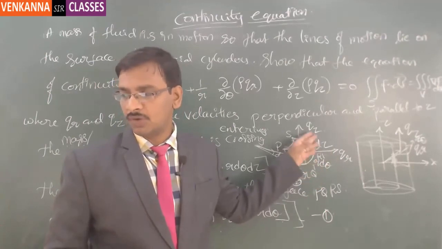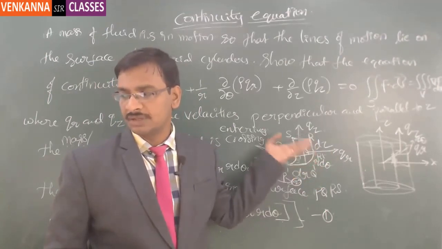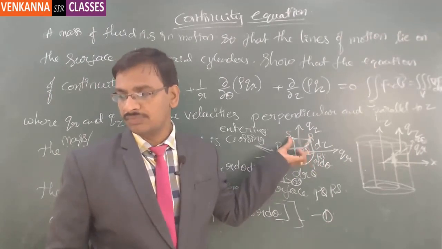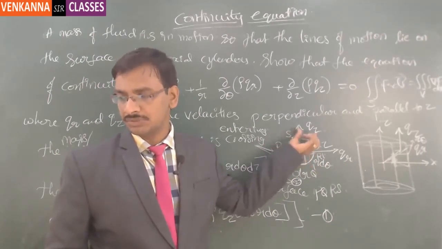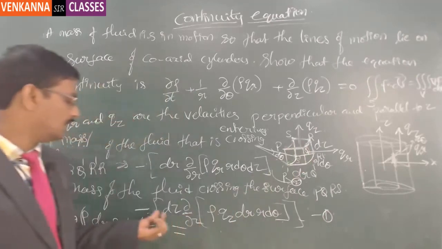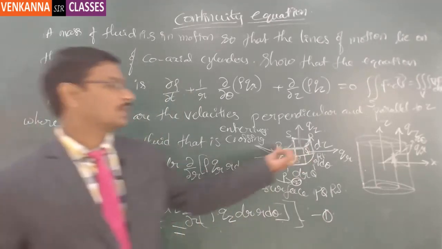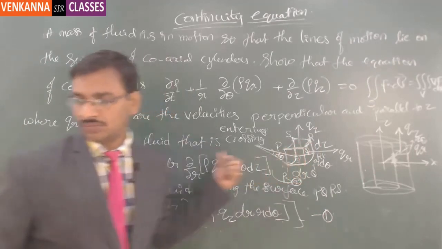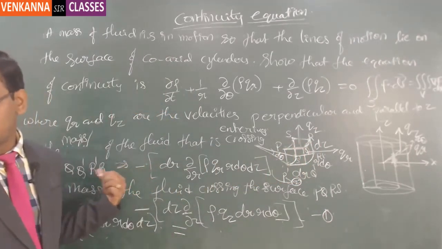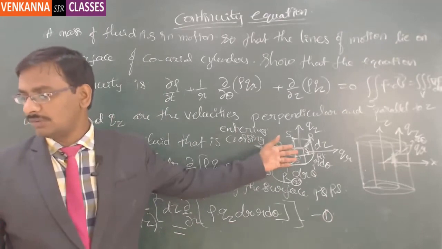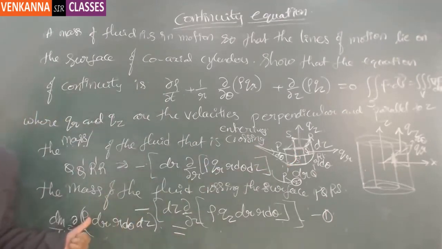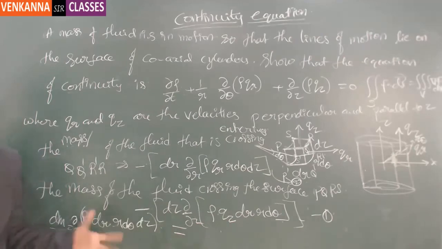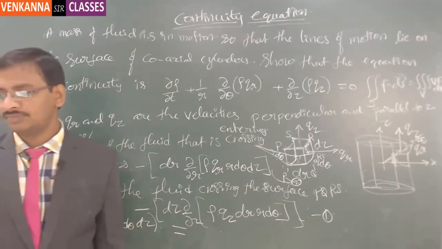The mass flow crossing this surface and the mass flow crossing that surface, both we are counting, and as the convention is opposite, you have to consider it with a negative sign. The mass crossing both surfaces together should be equal to the mass of fluid that changed within this volume. So the sum of these two should be equal to this one. That is nothing but the continuity equation. Clear?